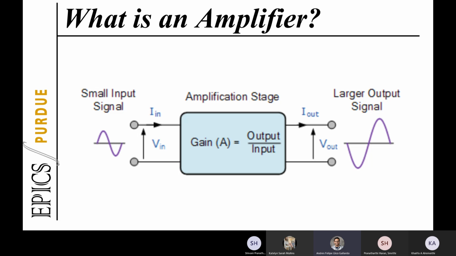So if we think of a system where we have an input signal, and we want to have an output signal that to some degree is going to have some sort of amplification, because let's say you're sensing your heartbeat, or you're sensing some distance from a sensor, or some sort of signal that is very small, let's say in the range of millivolts.